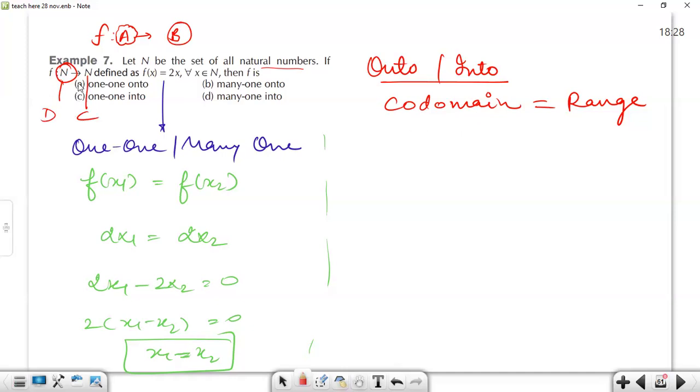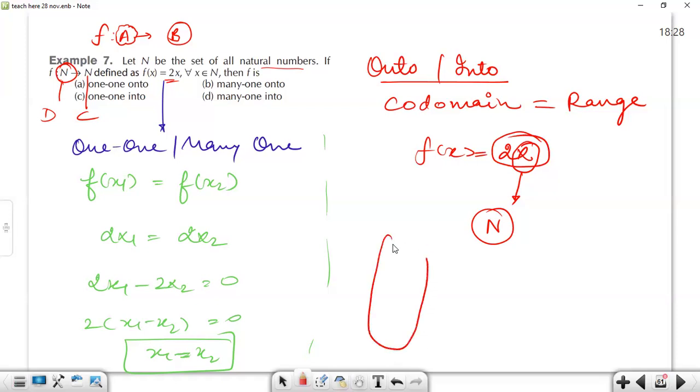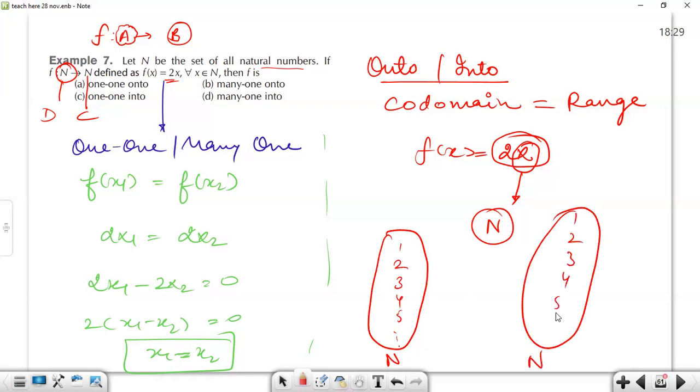So now let's check. The codomain is natural numbers. The function is 2x, and domain means the value of x as input, so they are all natural numbers, and the range will be the output. If we list all the natural numbers, that is 1, 2, 3, 4, 5, and it goes on. This is our natural number set, and the codomain is also the set of natural numbers, 1, 2, 3, 4, 5, 6, 7 and so on.